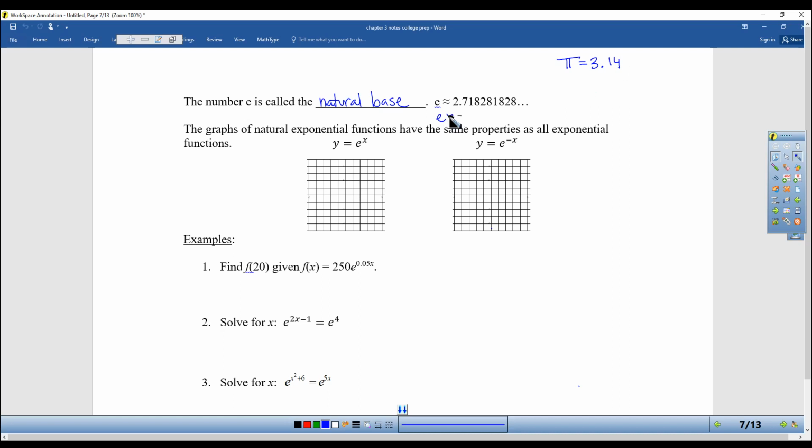You can think of e as approximately 2.7 in your head, just so you understand that it's really just a number. So when somebody asks for the graph of e to the x, it's really not going to be that much different than just 2.7 to the x. So it's going to maintain the same basic shape going through 1 as all of our other exponential functions.